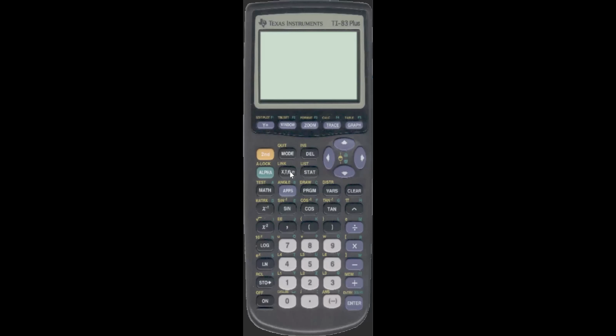All right, so you go second list, I believe. No, stat, edit. I'm writing this down so you'll have it later on. If you already have stuff in your list, you go up to L1 and hit clear, enter, and it'll clear everything out.